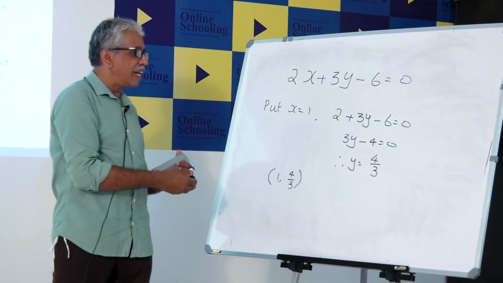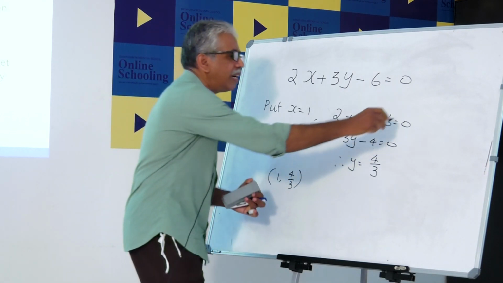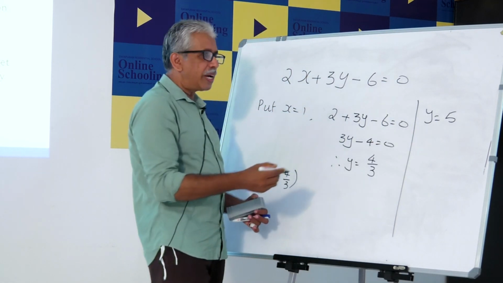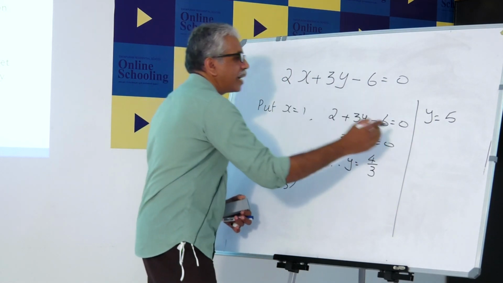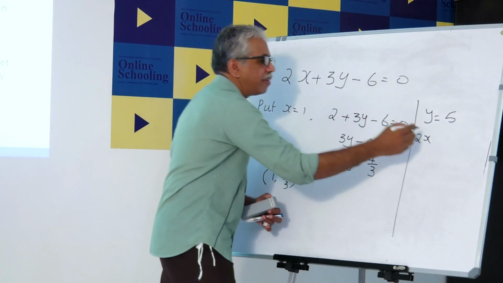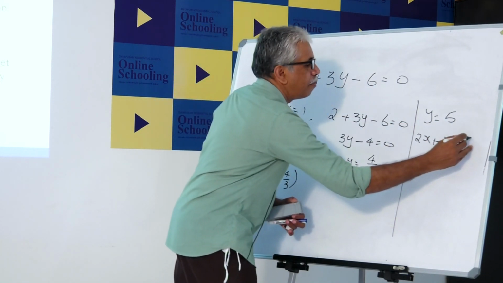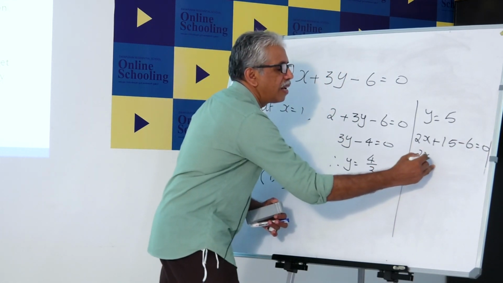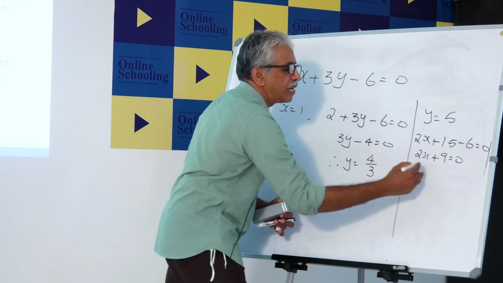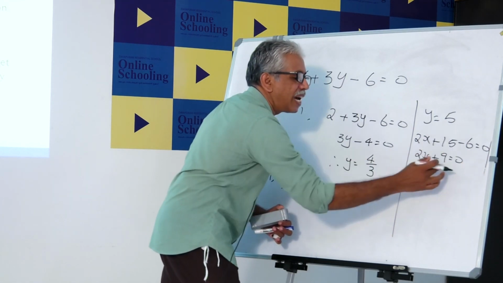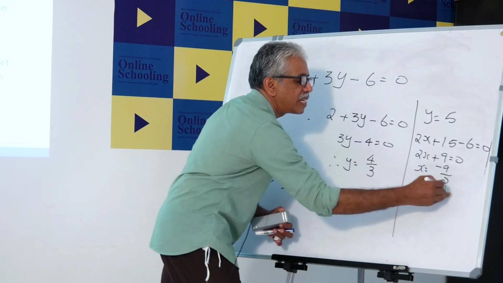So here we have taken x equal to 1. Suppose we have taken y equal to 5. What do you get? You get 2x and 3y, that is 3 into 5, 15 minus 6 equal to 0. Therefore, 2x plus 9 equal to 0, so 2x will become minus 9, x equal to minus 9 by 2.